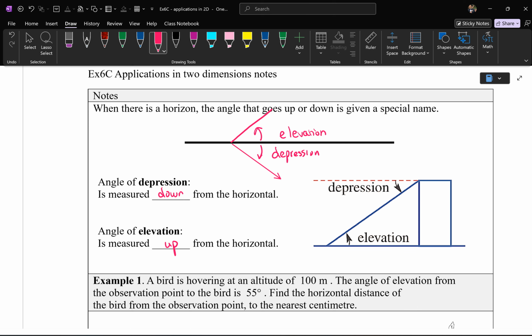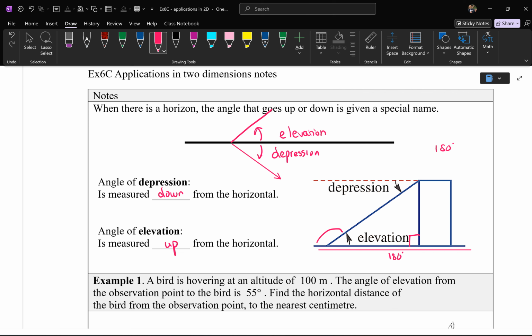Anyone know why this is true? Why is angle of depression and elevation equal to each other? Because it's like you've got 180 degrees, like the line at the bottom, that's 180 degrees. Yep. So the elevation plus the other angle over there, the one on the other side of the hypotenuse, this one here, so these 180.